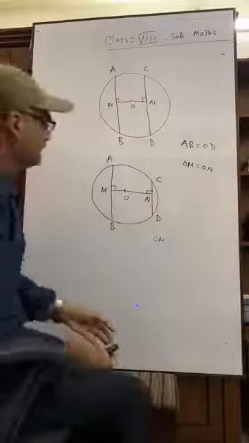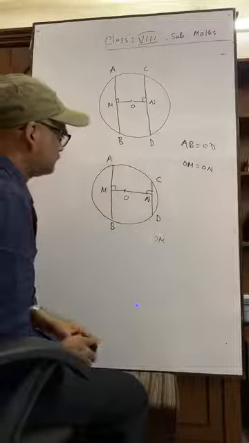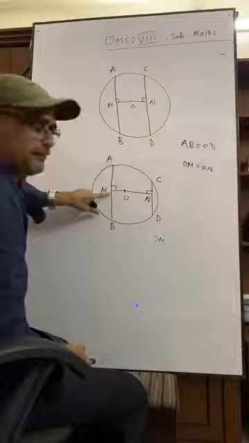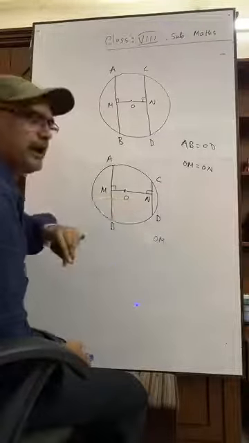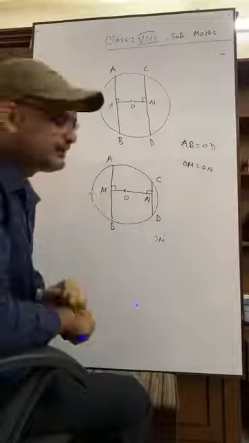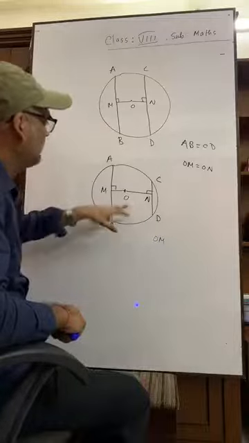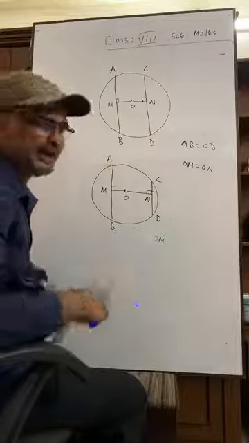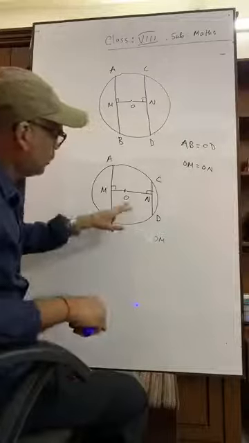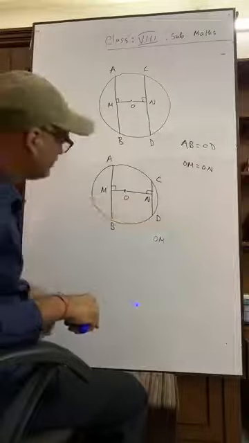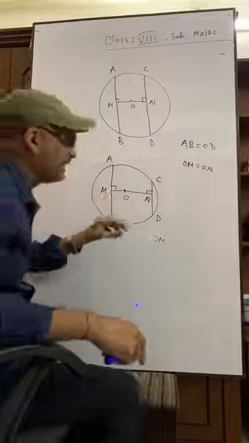I'm sorry. Anyway, here OM is the perpendicular, here ON is the perpendicular, and that day I told you that the perpendicular indicates the distance. So OM is the distance of the chord AB from the center, as well as ON is the distance of the chord CD from the center O. Now what is seen here?